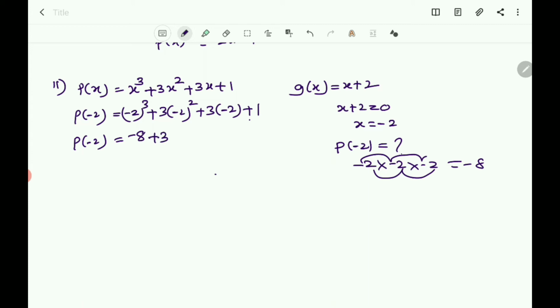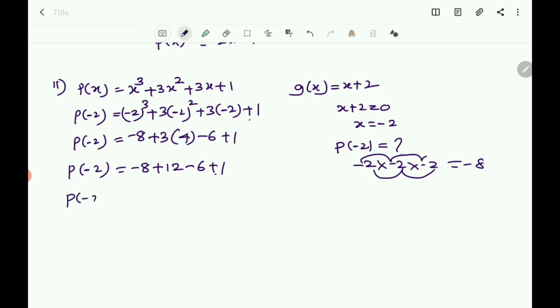Plus 3 into 4 it is. Then 3 into minus 2 is minus 6, plus 1. Then p of minus 2 is equals to minus 8, 3 4s are 12, 12 minus 6 plus 1.